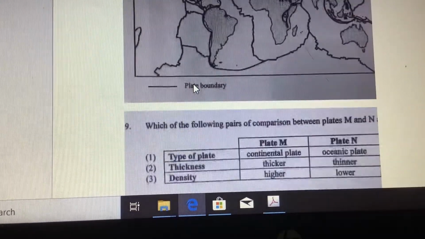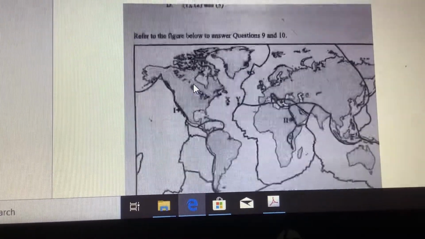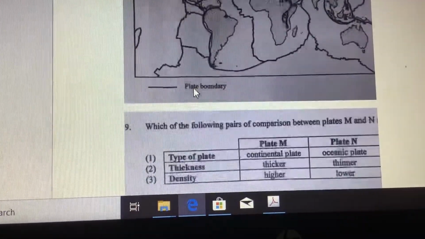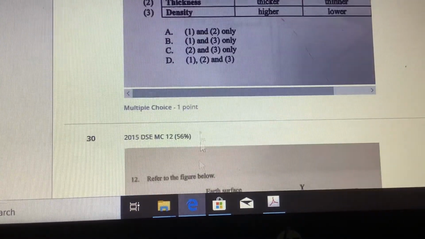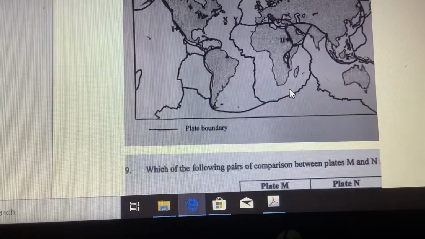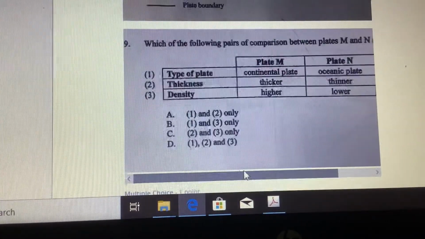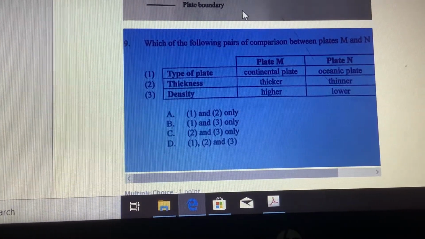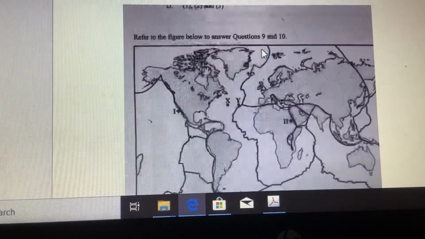Have I talked about this? Oh, this one comes again. Come on, I have talked about it many times, it's these questions again. This one you have to master. You have seen it a lot of times already. Plate Y and plate N, where is it?